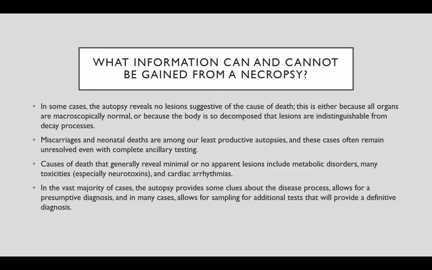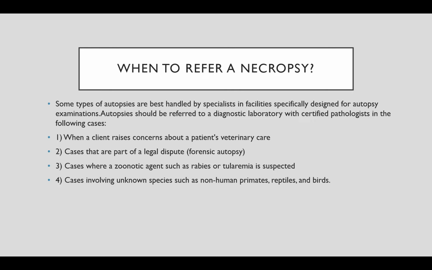Causes of death that generally reveal minimal or no apparent lesions include metabolic disorders, many toxicities, especially neurotoxins, and cardiac arrhythmias. In the vast majority of cases, the autopsy provides some clues about the disease processes, allows for a presumptive diagnosis, and in many cases allows for sampling for additional tests that will provide a definitive diagnosis.